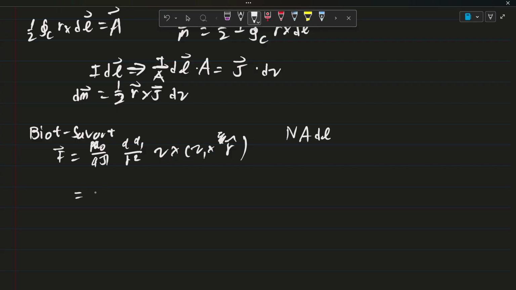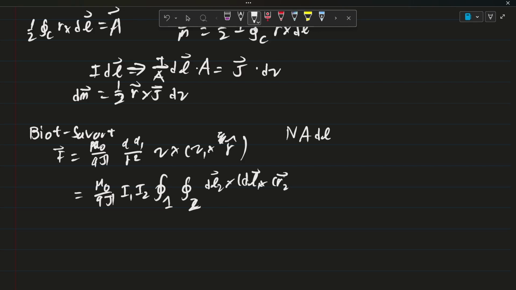What you would end up having is this would be equal to mu 0 over 4 pi of I1 times I2 of the closed integral of the first loop and also the second loop of dl2 vector cross dl1 vector cross r2 vector minus r1 vector over r2 minus r1 cubed.